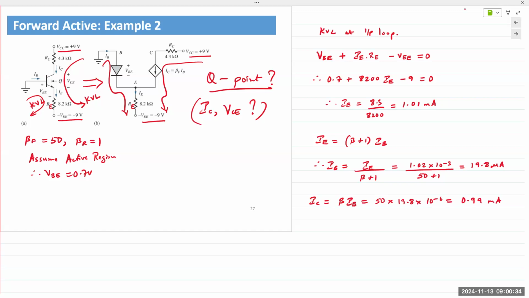So if IE, emitter current, is 1.01, IC cannot be more than that. It cannot be far less than that either. It's usually within a couple of milliamps. So 0.99 makes sense. And now we are ready to apply KVL on the output side.